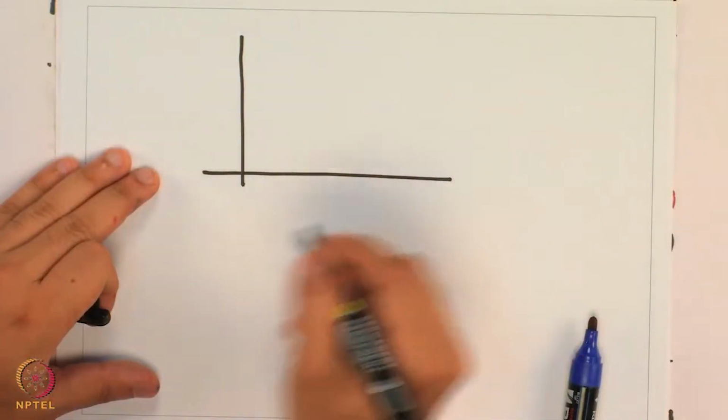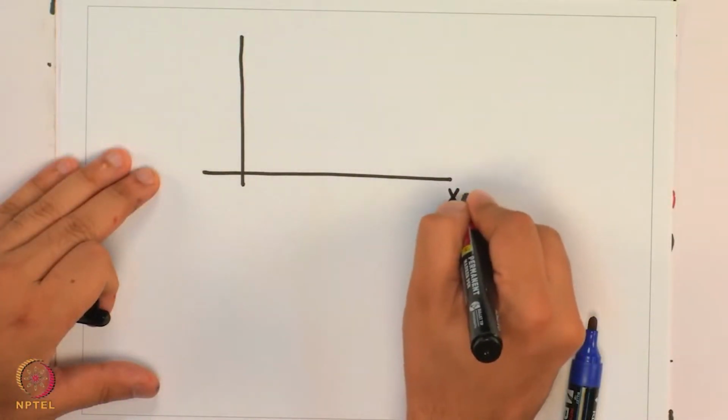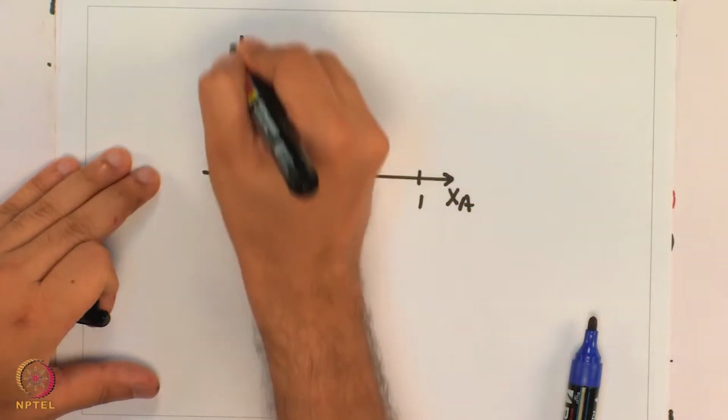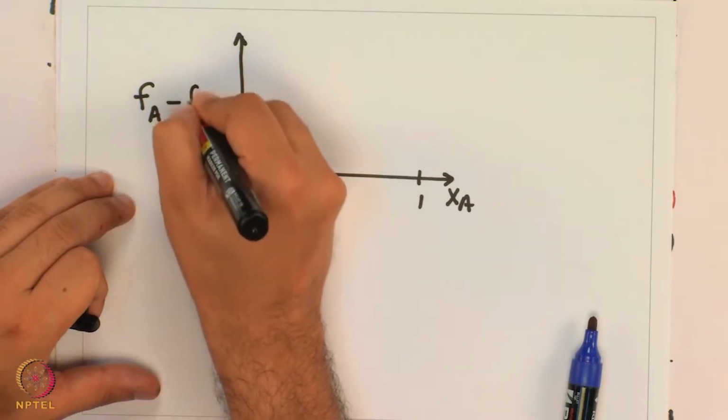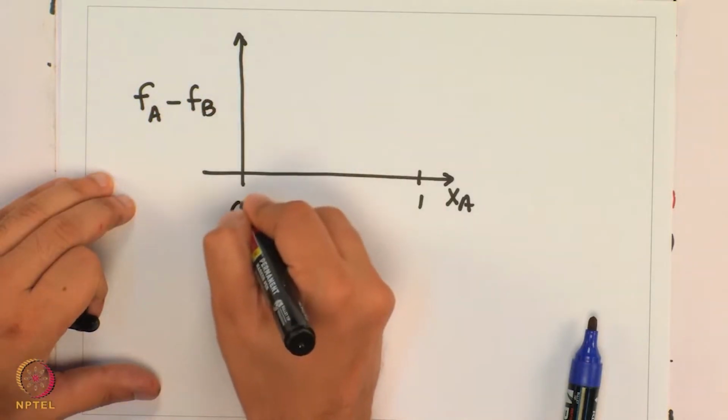Graphically, what that means is that if this is x A, this is essentially f A minus f B that we analyzed, this is 0.